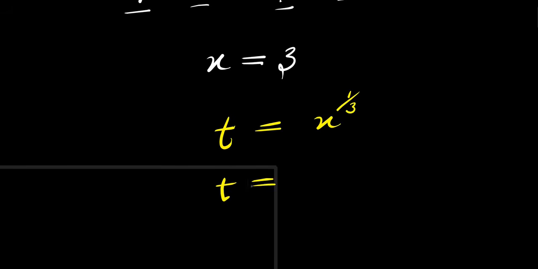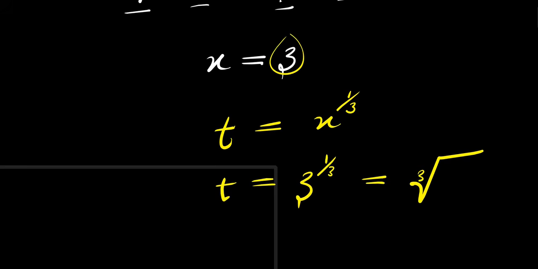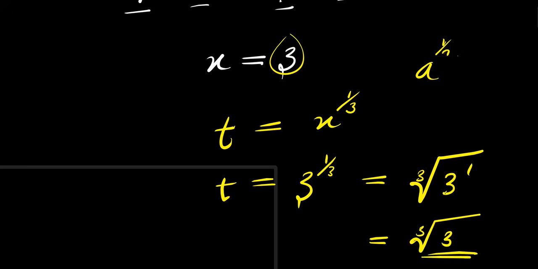That means t equals 3 power 1 over 3, because our x is 3. And this simply means we can have the cube root of 3 to the power of 1, which is the cube root of 3. Remember, a power 1 over n equals the n-th root of a, right? So that is our t.